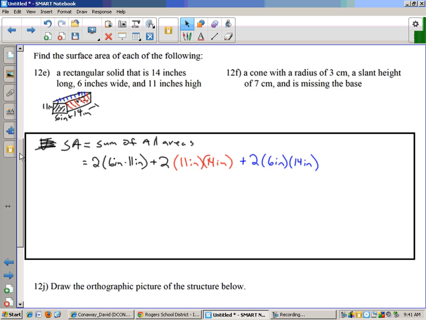So multiplying all this out and adding this together, that's going to be 2 times 66, which is 132 inches squared, plus 28 times 11, that'd be 280 plus 28, so 308 inches squared, and 12 times 14 is going to be 144 plus 24, so 168.